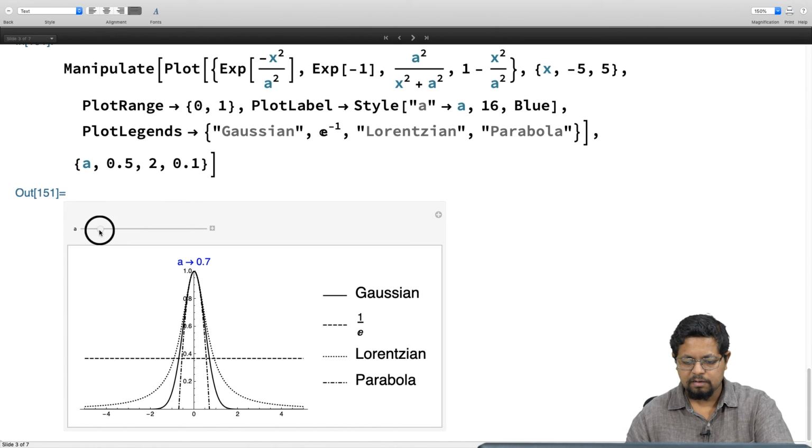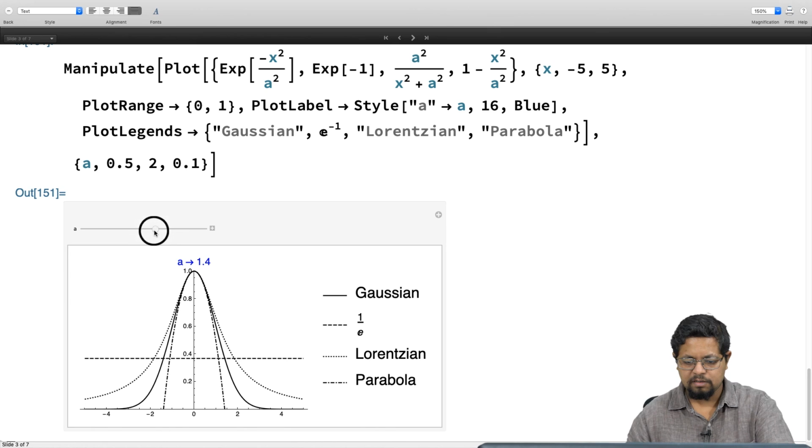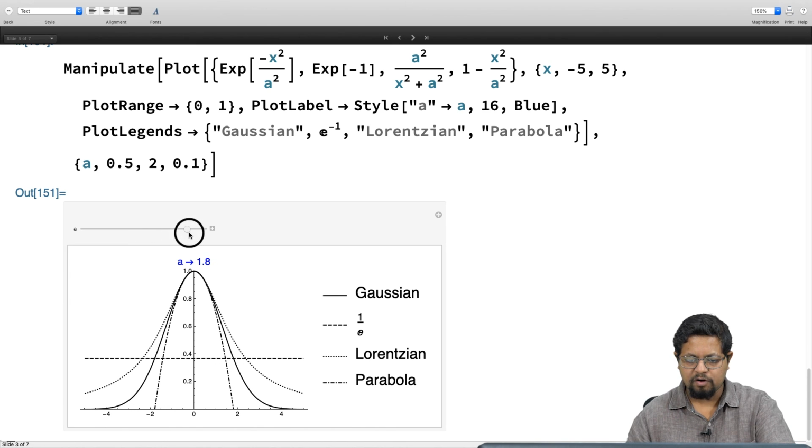I can change a and see that the behavior is always identical near x equal to 0. The three functions all behave quadratically near x equal to 0, and their behavior changes as x goes away from 0. The parabola diverges, the Gaussian converges to 0 the fastest, and the Lorentzian also converges to 0 but slower than the Gaussian.